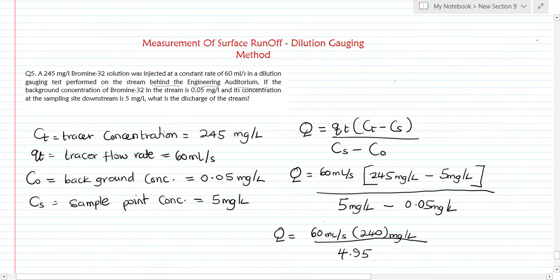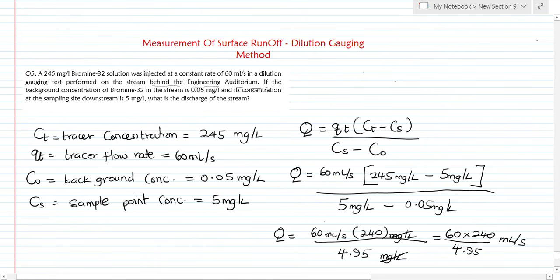That is 4.95 milligrams per liter. So the units cancel, and I get 60 multiplied by 240 over 4.95, and the unit is milliliters per second.